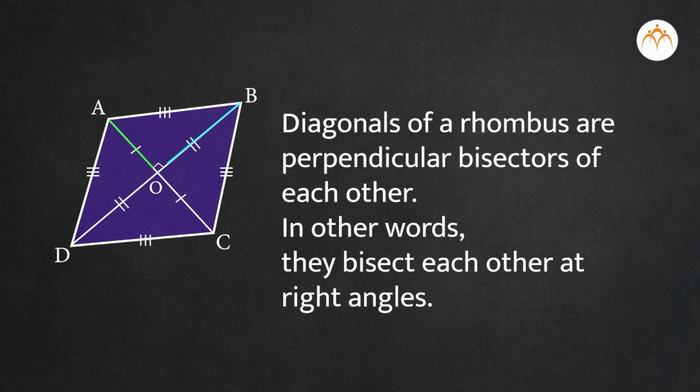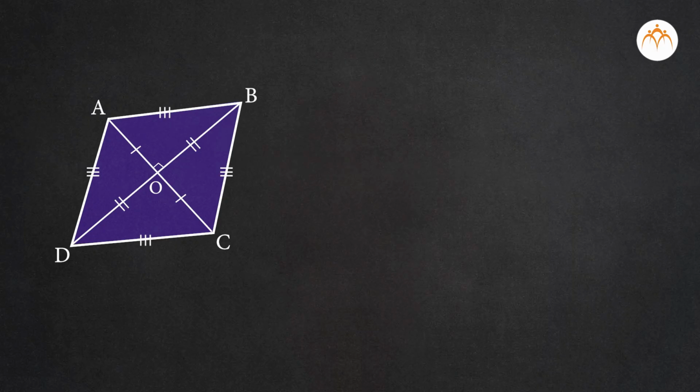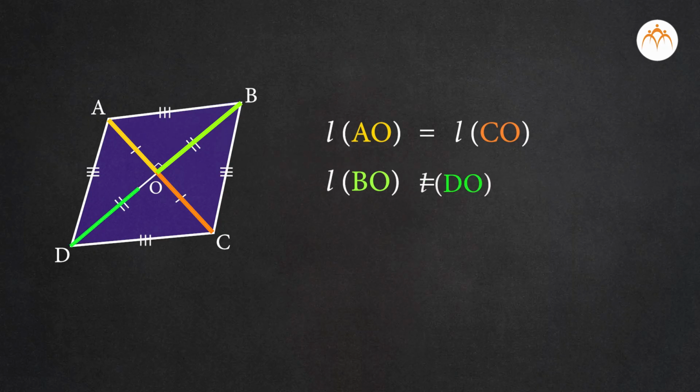Diagonals of a rhombus are perpendicular bisectors of each other. In other words, they bisect each other at right angles. Therefore, in the diagram, length AO is equal to length CO and length BO is equal to length DO.